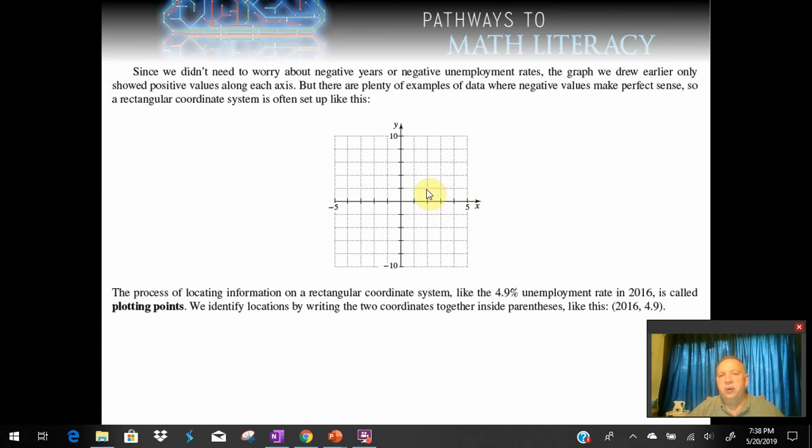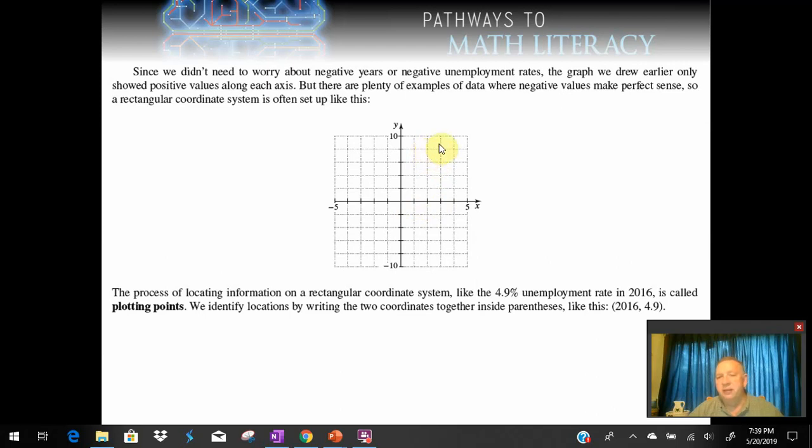And here we can represent pairs of points, just like we did that quick, here's the year, here's the percentage rate, and use that in here as well. So when we're in math, when we need to plot points on this so that we can visually see them, we find the point corresponding to the X value along the X-axis, and then go along the Y and find the corresponding Y value.